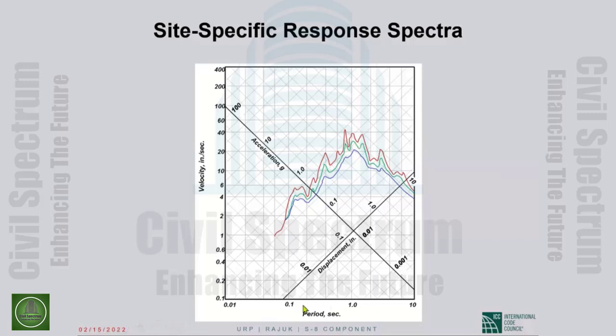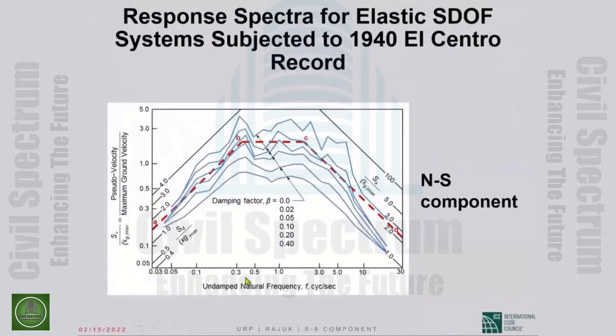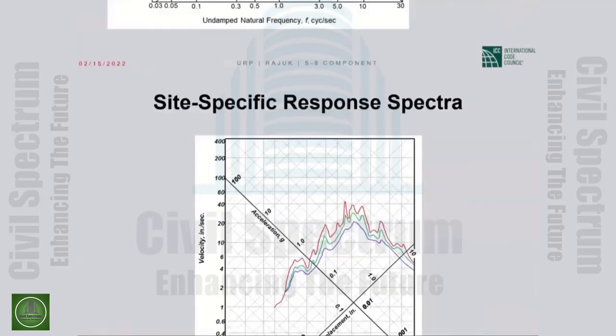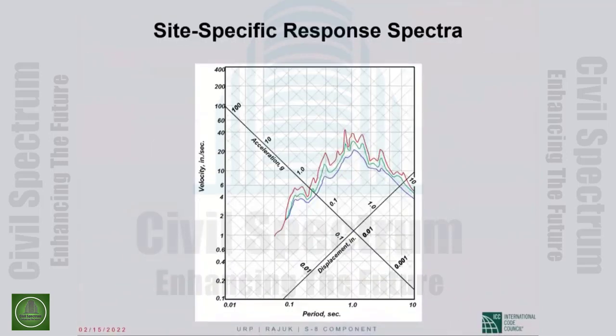Because period is on the x-axis, this is now the displacement scale, not the acceleration scale as it was there. And this diagonal is the acceleration scale. I hope you see what I'm pointing to. Anyway, this plot is not very different from the previous plot, except we have only 3 amounts of damping, and I have period on the x-axis, not the frequency.